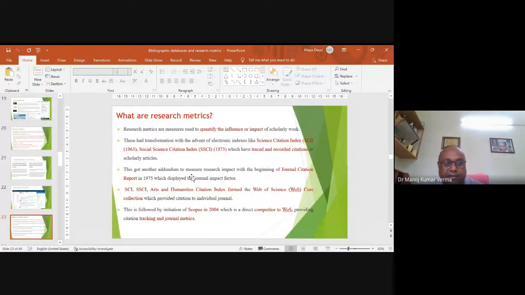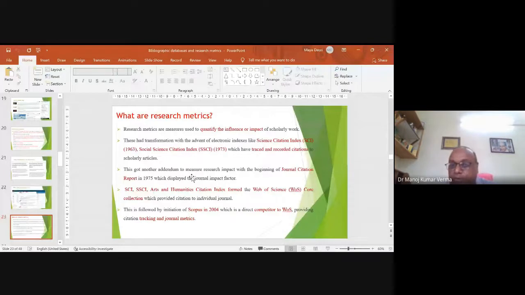addendum to measure research impact with the beginning of the Journal Citation Report in 1975, displayed as the journal impact factor. In 1975, for the first time, on the basis of the journals' paper citations, Web of Science started to give the impact factor for journals.